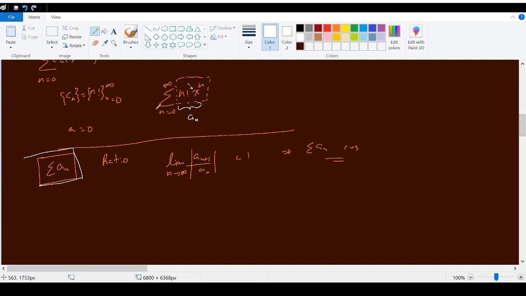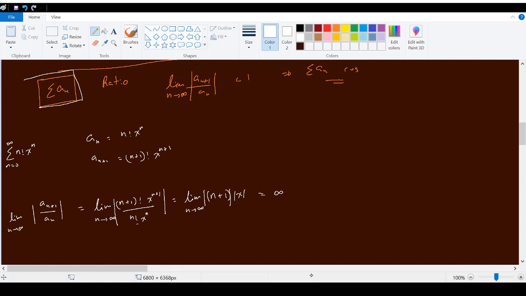If we apply the ratio test, then a(n) will be n factorial times x to the power n, and a(n+1) will be (n+1) factorial times x to the power n+1. Therefore, if we compute the limit, it reduces like this.